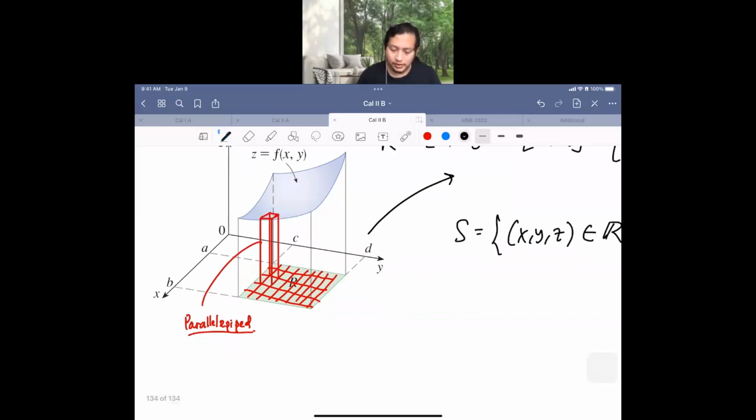Let's say we want to find the volume of this parallelepiped. The volume will be the area of the rectangle, of course, multiplied with the height.